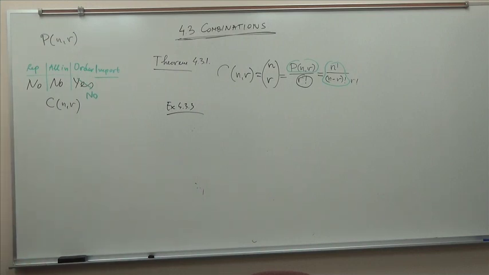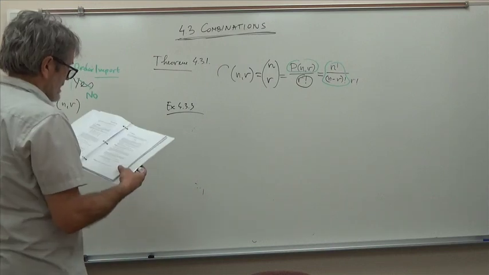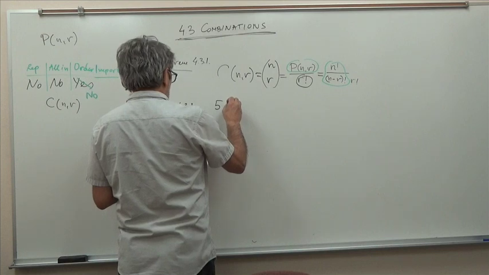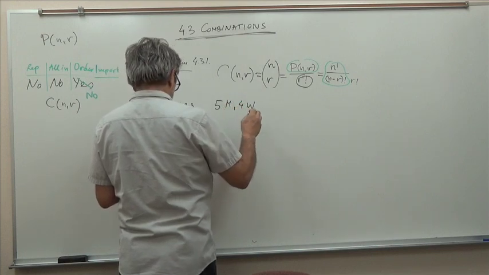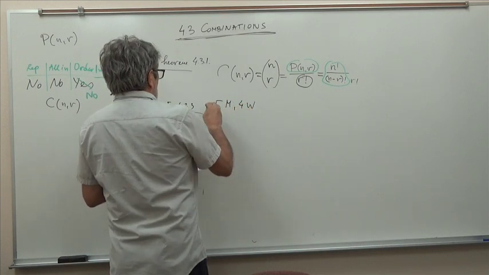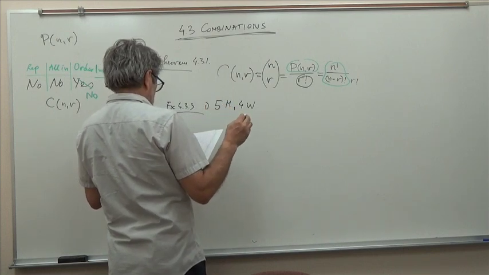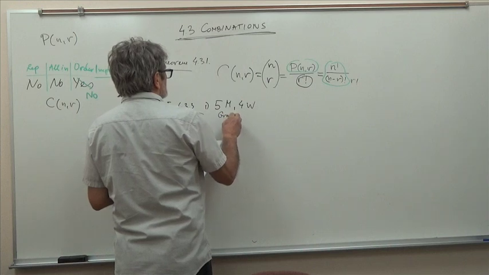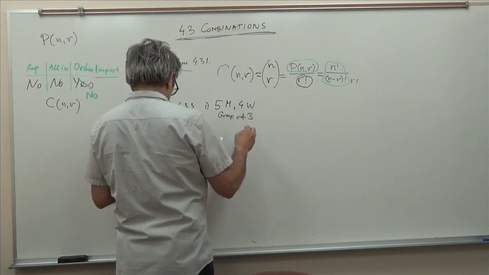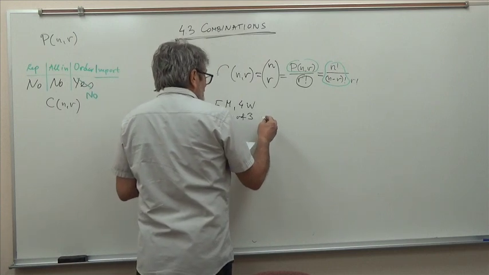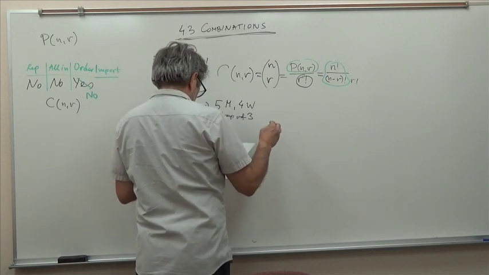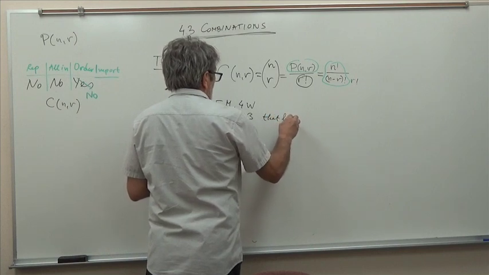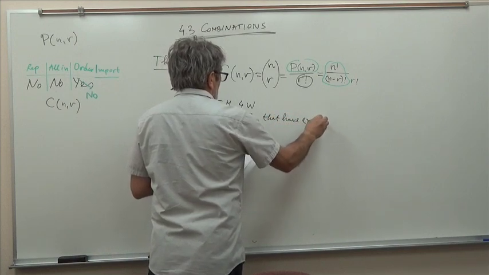Correct. So example 4.3.3, what does it say? It says the following. A club has 5 men and 4 women. How many distinct groups of 3 can we choose that have exactly 1 woman?